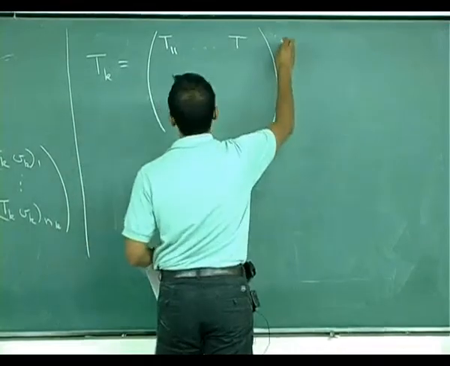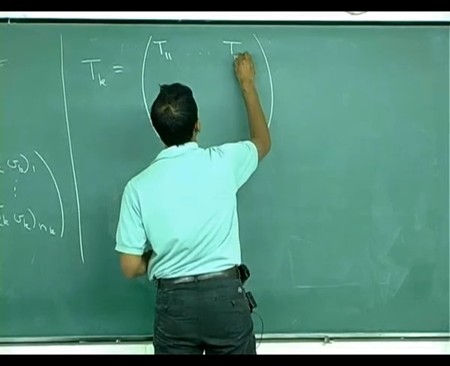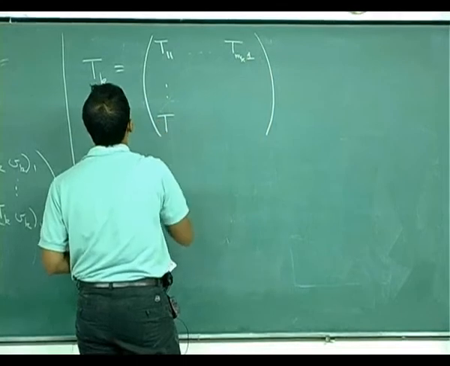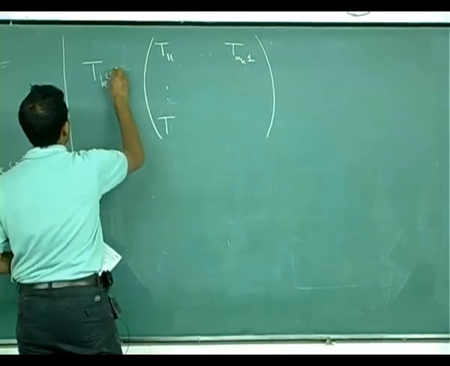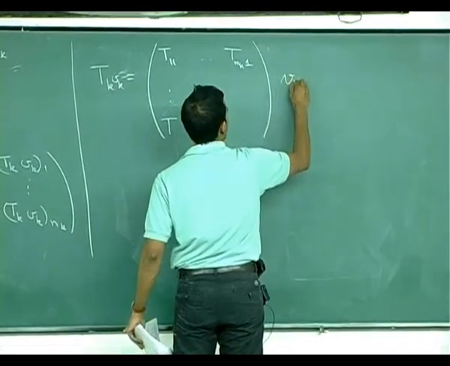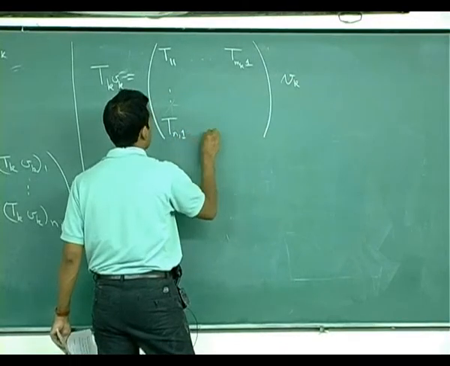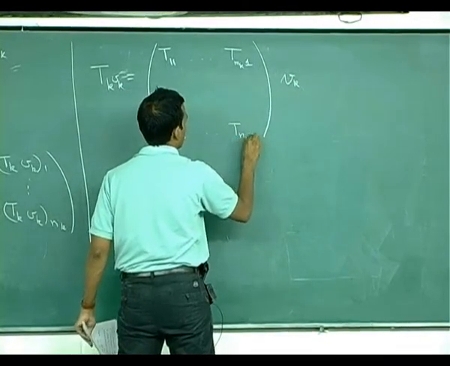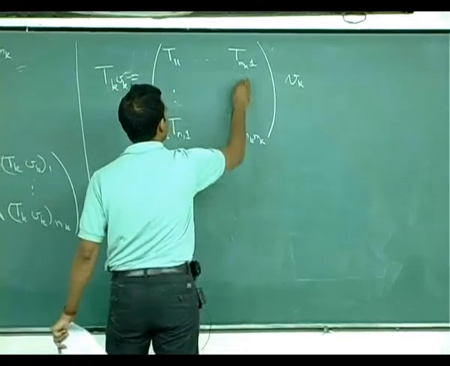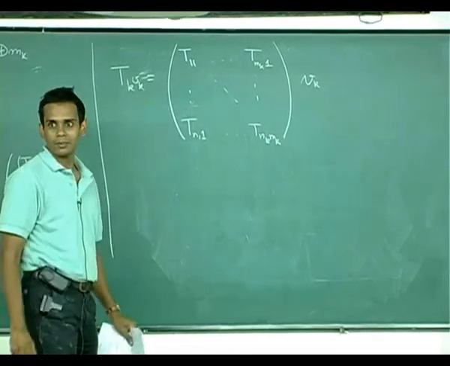So we could write it like this, as a rectangular matrix with nk rows and mk columns.